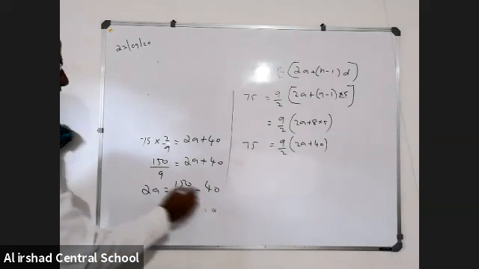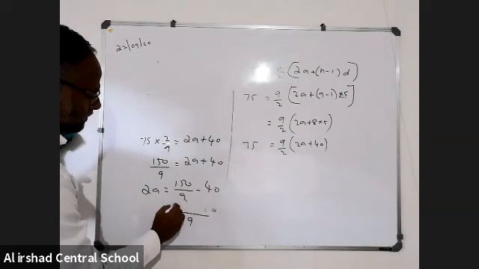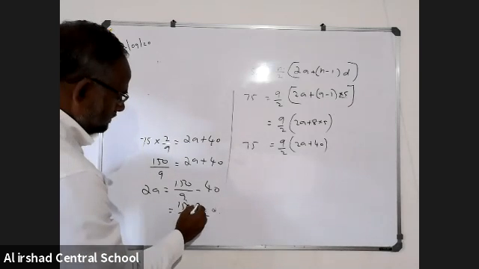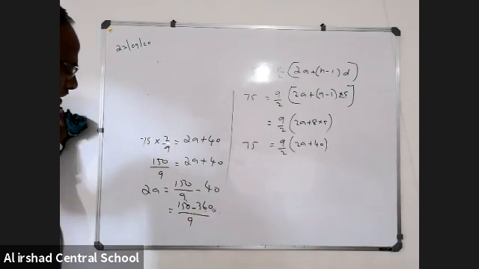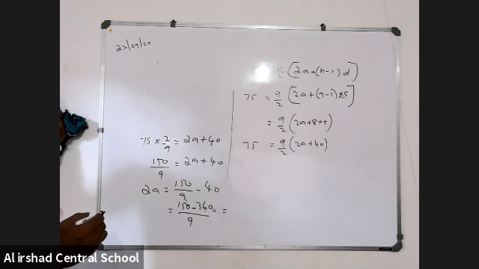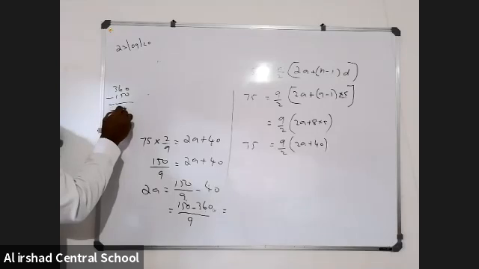LCM you have to find out. 9 is the LCM. 9 into 40 is 360. That means 150 minus 360, it will be negative, minus 210.